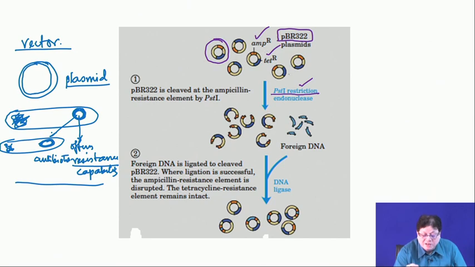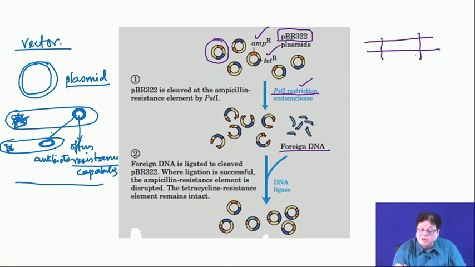So, that cuts it open into this type of piece. The ring is not closed. Okay. Now, suppose I have the foreign DNA like this and I am interested only in this part. Suppose there is a restriction site here and a restriction site here, recognized by PST1.